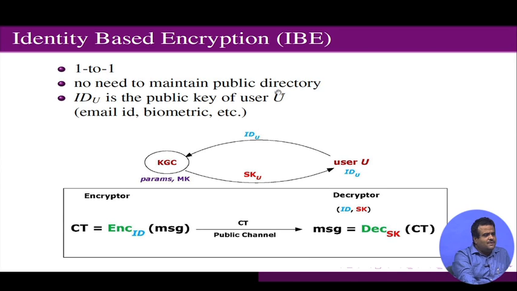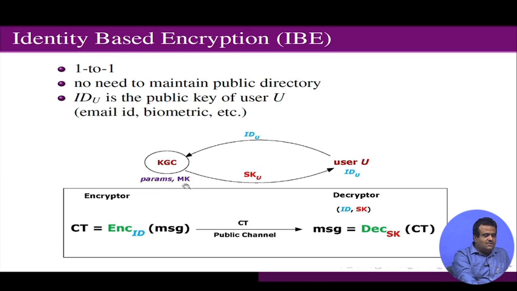So in this identity based encryption scenario, the user has his own ID. The user will send the ID to the key generation center, and the key generation center, at the setup phase, has a public parameter and the master key.